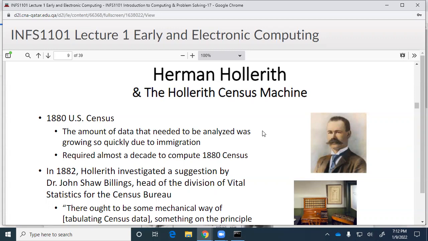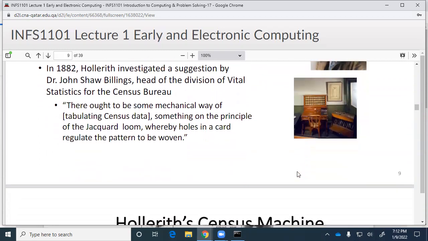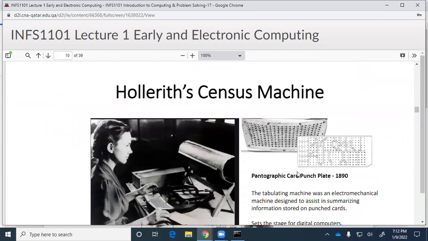It used to take them 10 years. They do the census in 1880, then in 1890, you know what I mean? It would take them that long to get the results out of it. But he was able to shorten that cycle down to like 1 year, which is pretty good, considering this is a computer device, you could say, but it wasn't electrical.